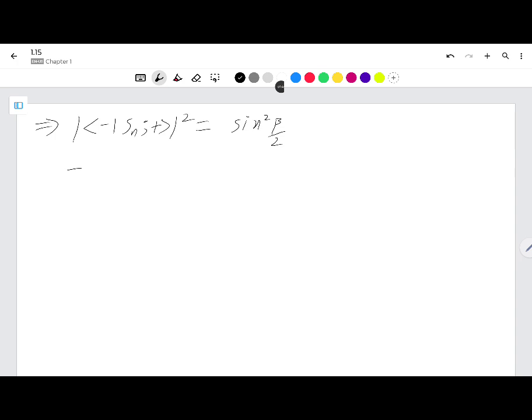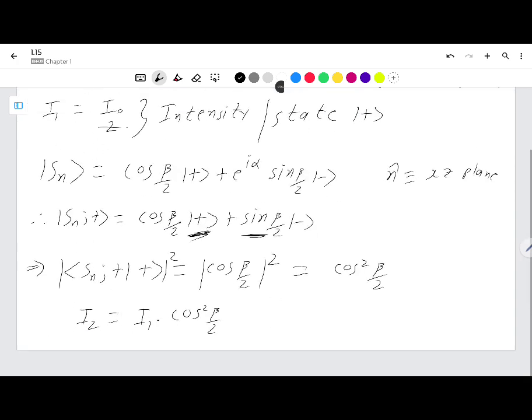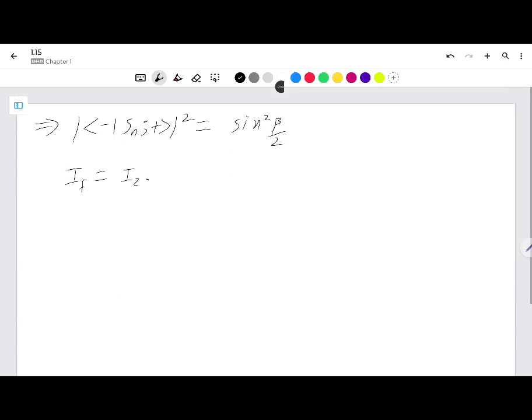So the final intensity will be I2 times sine squared beta by 2, which is 1 by 2 times cos squared theta by 2 times sine squared beta by 2.